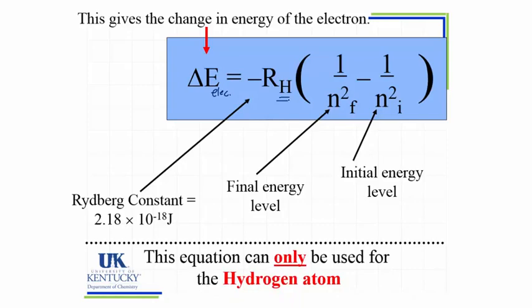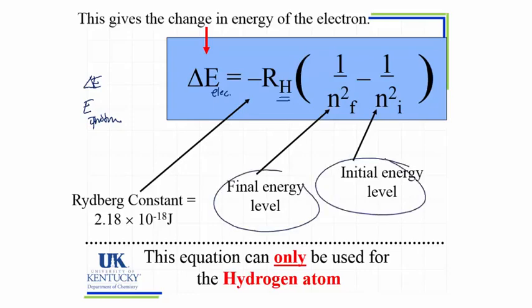For any atom whatsoever, whatever the transition of the electron, if you can know that, it has to be the same as the energy of the photon it emits when it transitions. That doesn't change. That's always true. But if you want to calculate the change in energy of an electron by knowing the energy levels they were in, you can only do that for a hydrogen atom.